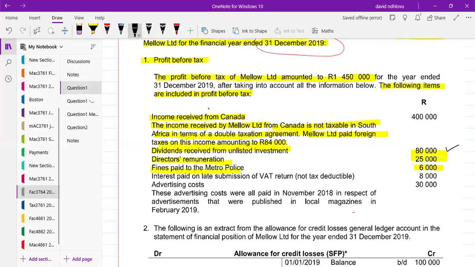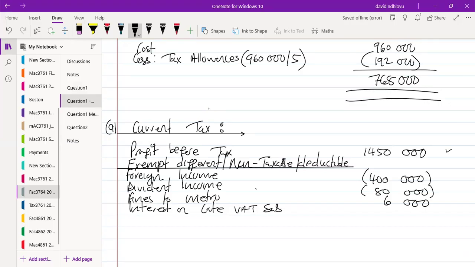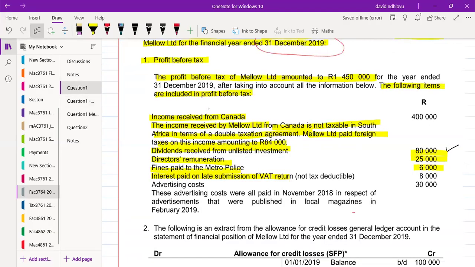Expenses you add. Interest on late submissions of VAT, arm of the government, that is SARS. The value of that is 8,000, this amount we must add back. You are not allowed to claim a deduction.